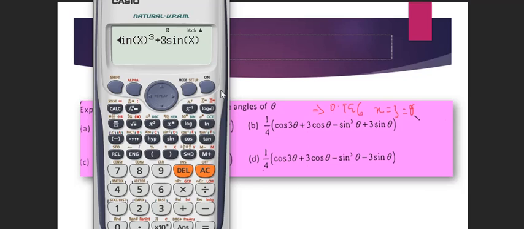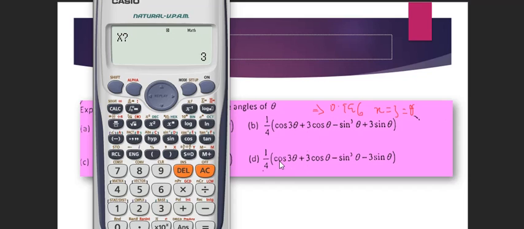Let's try option D. We have 1 over 4, open bracket, cos 3x plus 3 cos x, minus sine x to the power 3, minus 3 sine x.